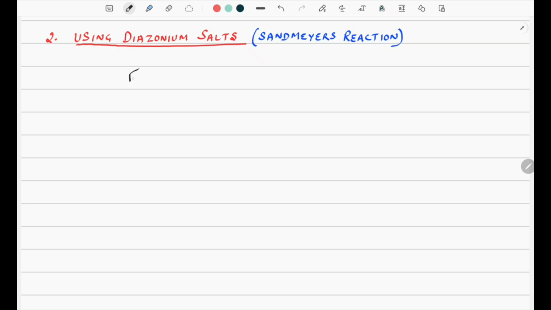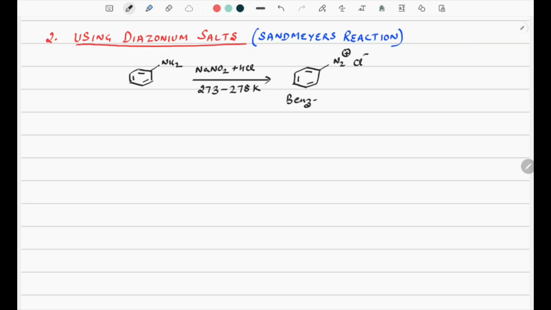What happens is this: when aniline is reacted with NaNO2 and HCl at a temperature of 273 to 278 Kelvin, it is converted into benzene N2+ Cl-. This is what we call benzene diazonium chloride.